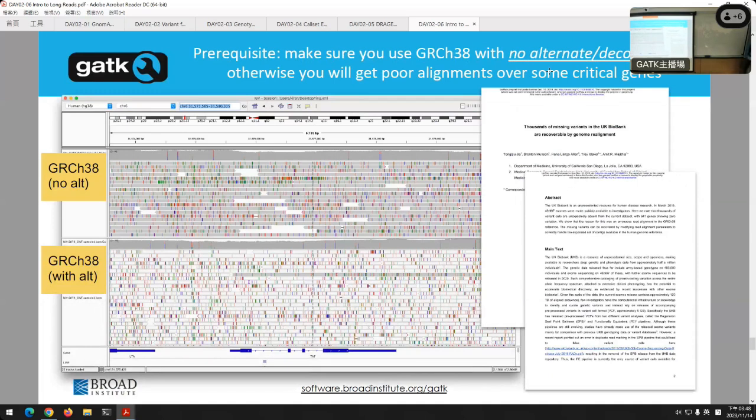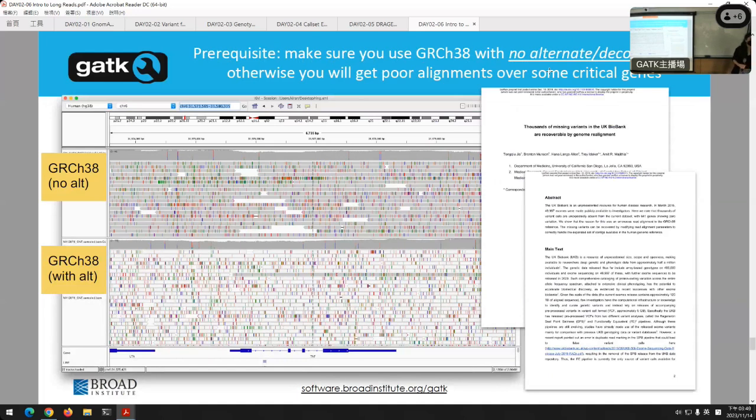But one note about using Minimap2 is that you have to make sure that you're using a version of the HG38 reference that does not contain alternate or decoy contigs.